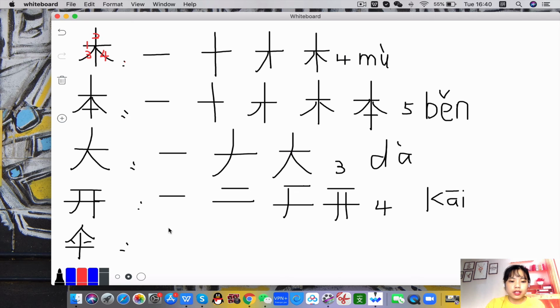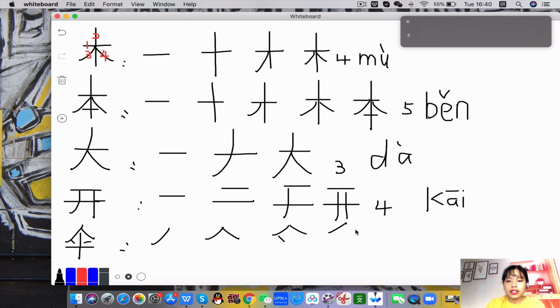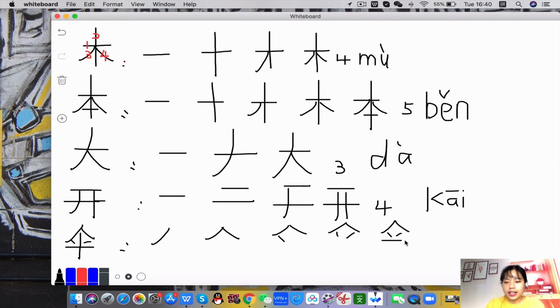So the first stroke is 撇. Then 捺, 点, 横, 竖 is the last stroke. This is called 伞.